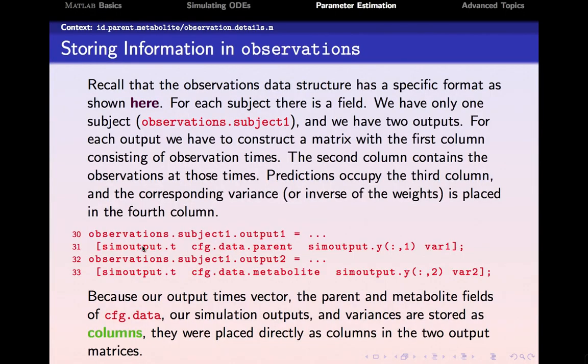Now keep in mind that all of our times, all of our data, and all of our model predictions and our variances are all columns, so I can just put them here the way they are. Now you need to make sure that the dimensionality is correct as well. So if, for example, your data were stored as rows, then you would have to put a single quote after parent in order to convert that row into a column.